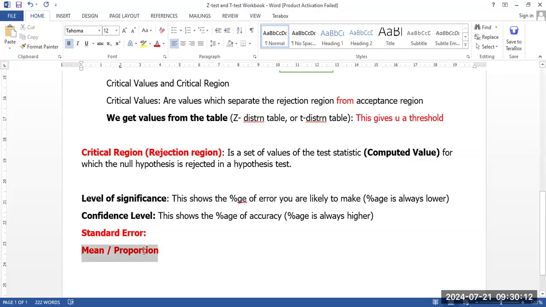You'll find that you are dealing with a question related either to mean or to proportion.